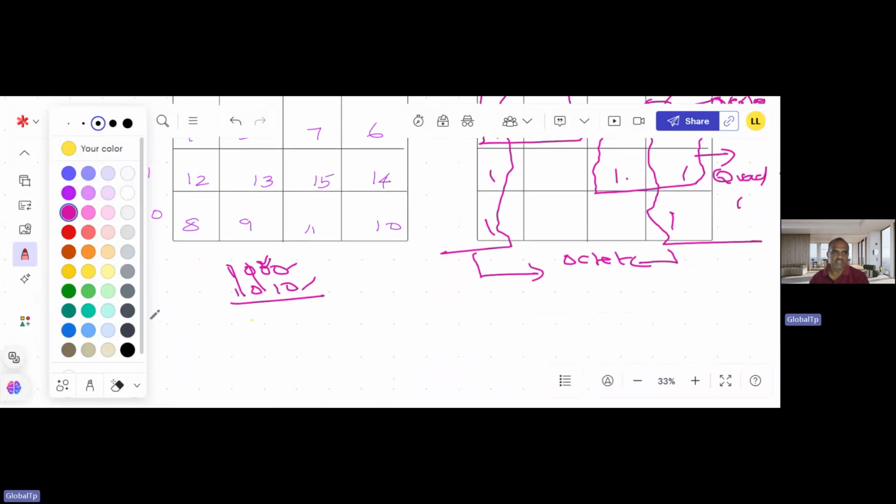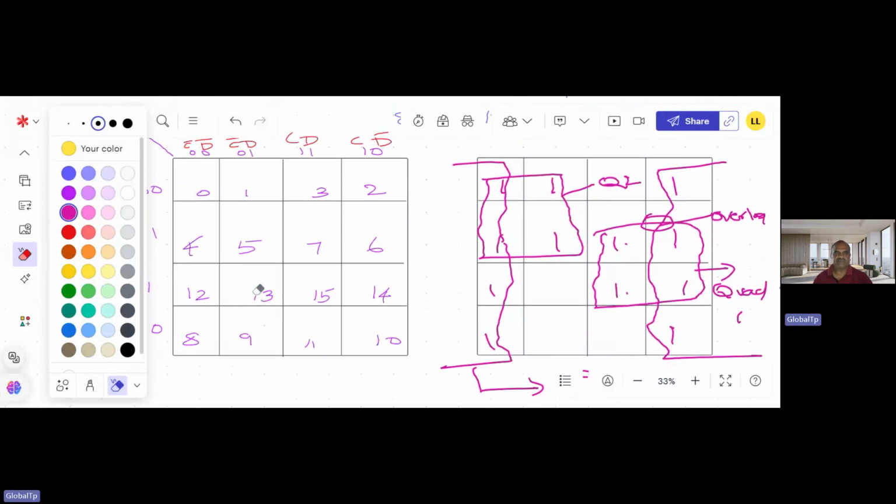Now I am going to write the equation for this. How to write the equation? Let us check. Simple practice is first I will take a different color. Here you can see the groups are formed.